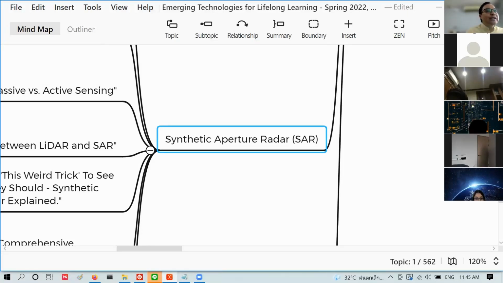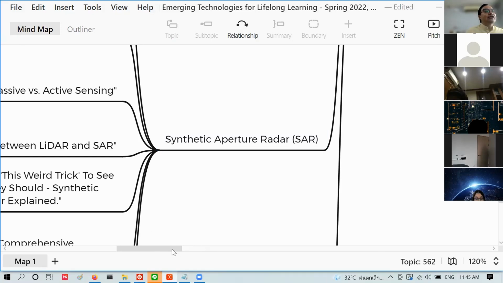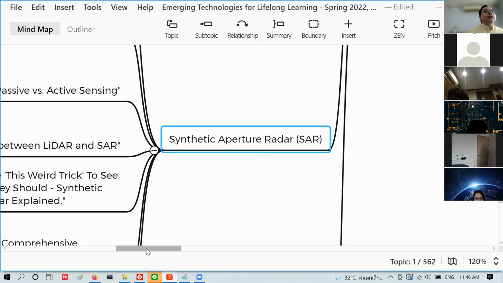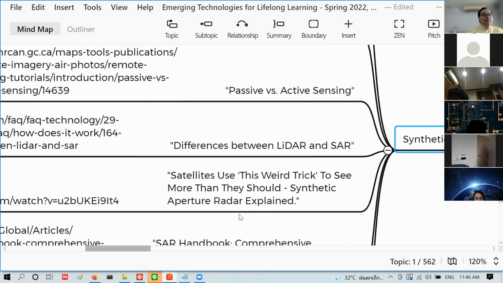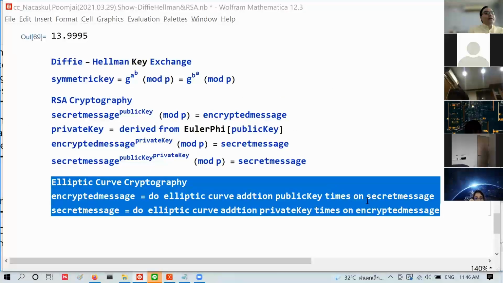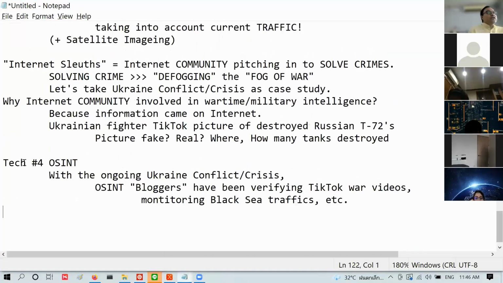I'm not going to go into detail because we really don't have that much time, but this technology evolved with World War II, and it matured after World War II ended, okay? And it has been used in many things. So take OSINT plus synthetic aperture radar plus a whole bunch of other things.